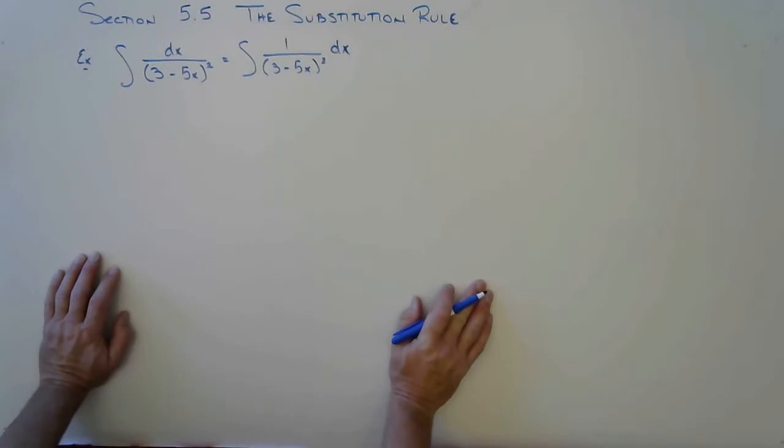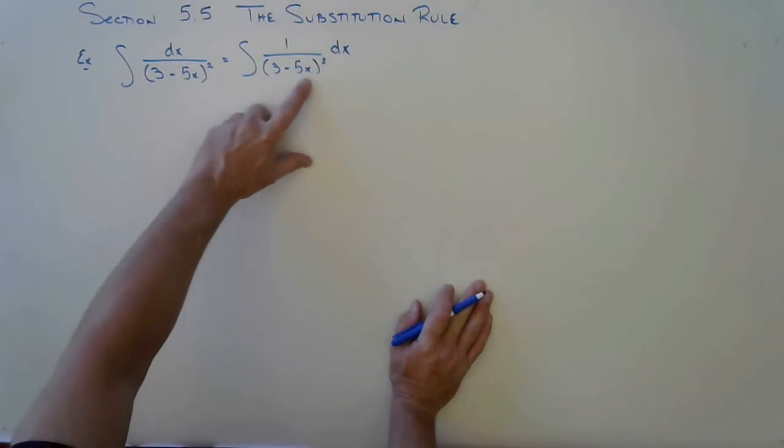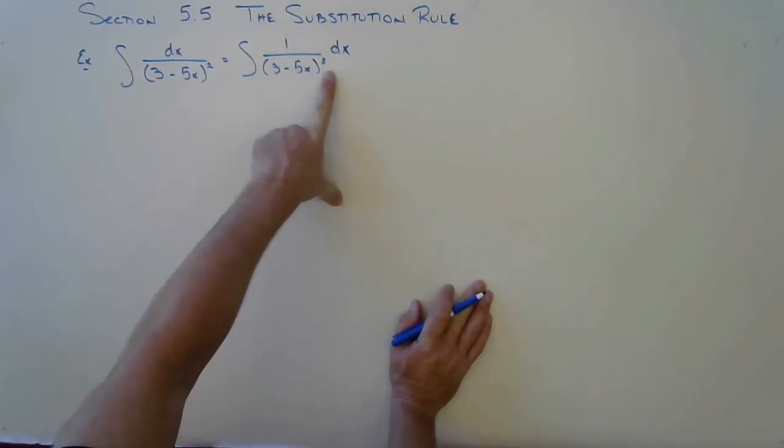And now remember, if we're going to apply the substitution rule, our first instinct is to look for the composite function. Do we have a composite function? And we do. We have 3 minus 5x inside of a square.